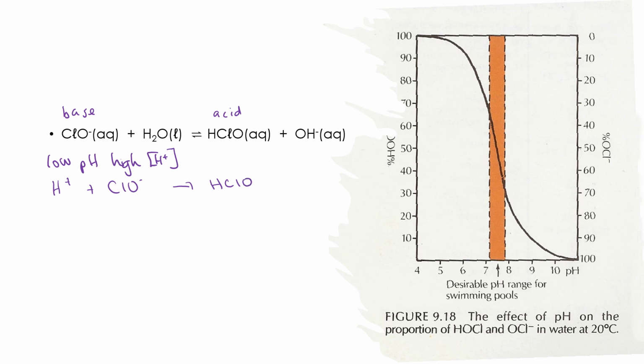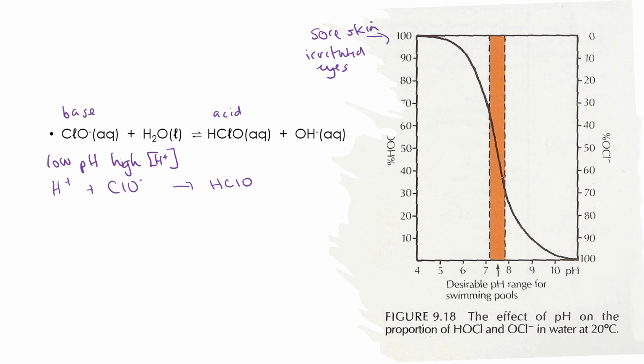Now this makes it really great for disinfection, but unfortunately at this point here you'll get sore skin and irritated eyes. So we've all swam in a swimming pool where you get sore eyes and things. So that's no good. Now, great for disinfection, but not so good for swimming.